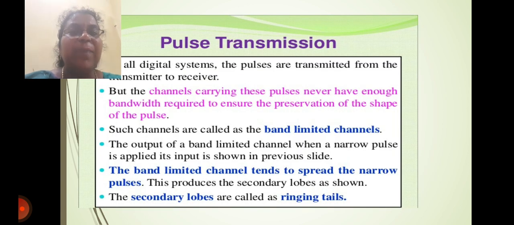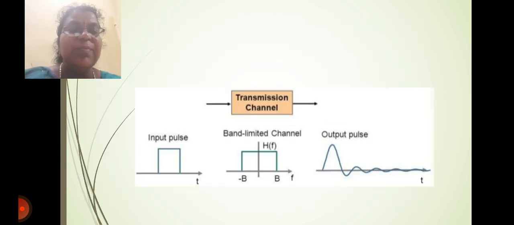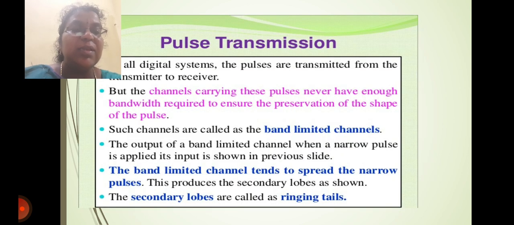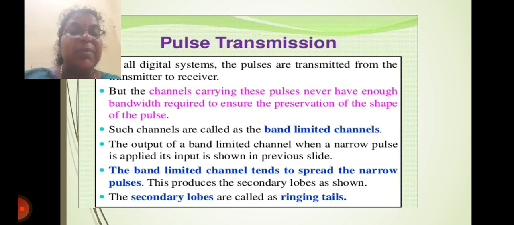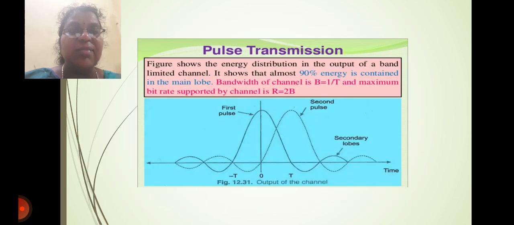The output of a band limited channel when a narrow pulse is applied to its input is shown in the previous slide. The band limited channel makes the impulse spread its output in time, and this results in secondary lobes, which are also called ringing tails. The band limited channel tends to spread the narrow pulses. This produces secondary lobes. The secondary lobes are called ringing tails.